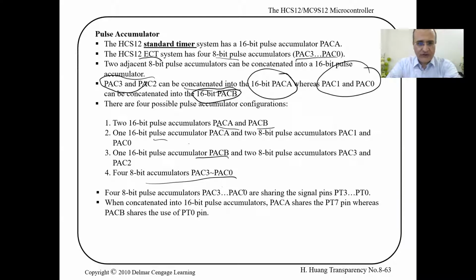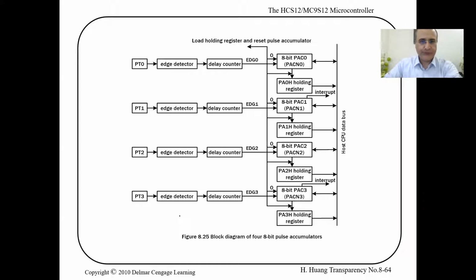If you use 8-bit pulse accumulators, the pins that the pulse has to be connected to are port T0 to port T3 for pulse accumulator 0 up to 3. If we concatenate and use 16-bit pulse accumulators, for pulse accumulator A, the pin will be port T7, and for pulse accumulator B, the pin will be port T0.